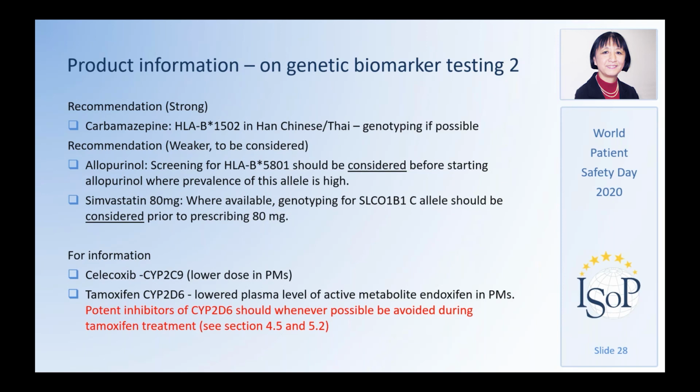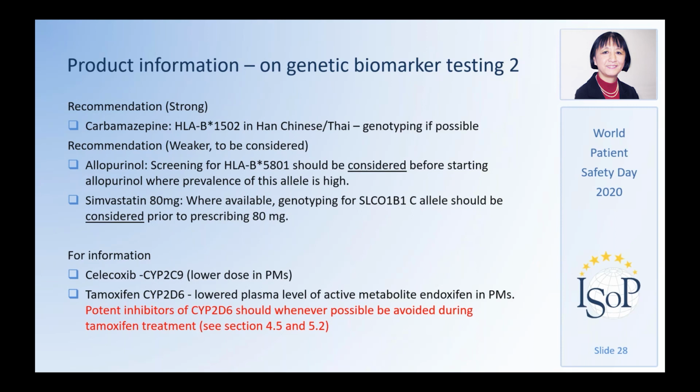And for other situations like allopurinol and skin reactions, and simvastatin for the SLCO1B1 allele, the protein transporter, the recommendation is somewhat weaker. And this is based on the available evidence supporting the genotyping recommendations.